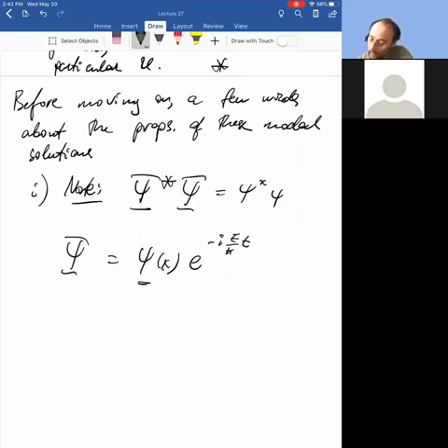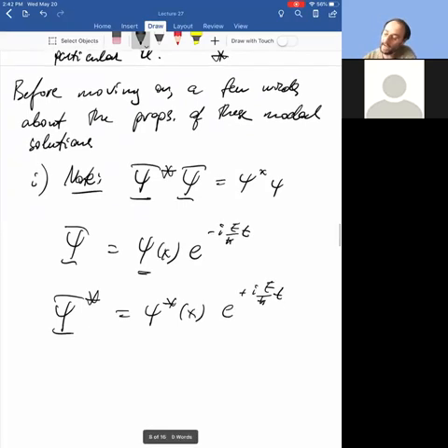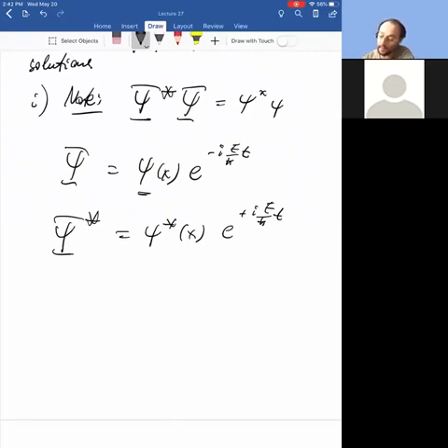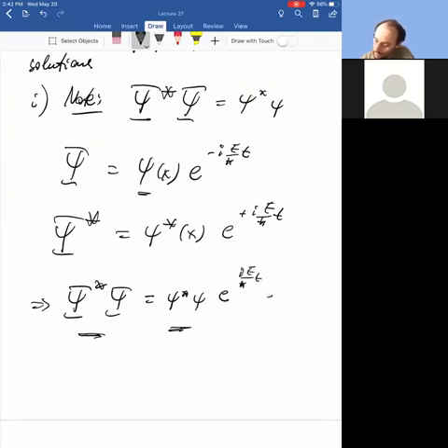Okay, and so psi star, well, what you do is you conjugate the spatial part, and then you conjugate the temporal part. And when you multiply psi star times psi, you get lowercase psi star times lowercase psi, the spatial parts, times e to the i E over h bar t times e to the minus i E over h bar t.